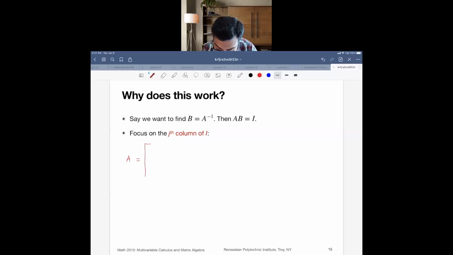as some matrix A, and I'm just going to leave that as is. And for B, I will assume that it is a matrix of size n by n, and I will say this is going to be B11, B12, and so on up to B1J, and so on up to B1N, right?